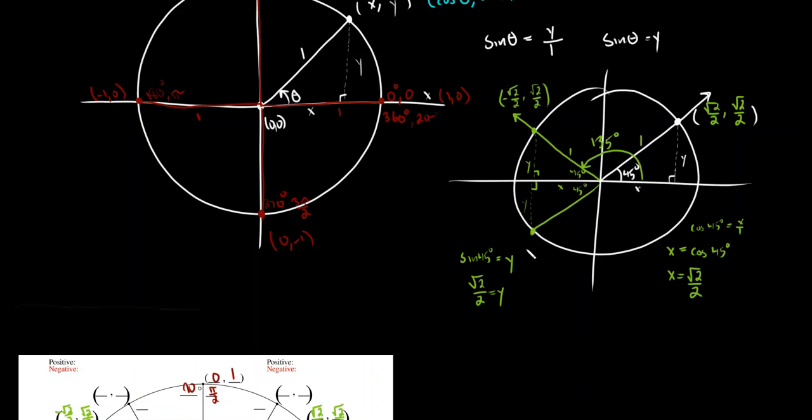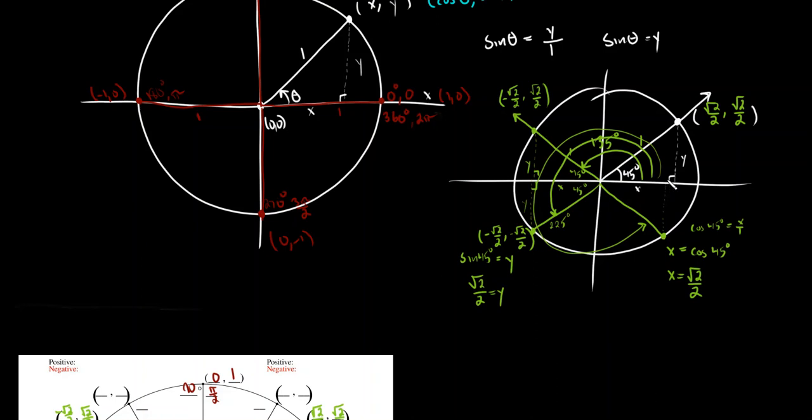It's just that we're in quadrant 3 now, so x would be negative and y would also be negative. And think about what that full rotation would be. We'd go 180 degrees and another 45. Well, that would end up being 225 degrees.